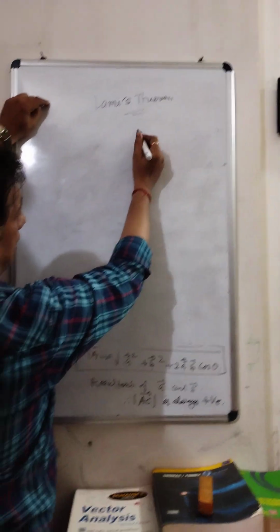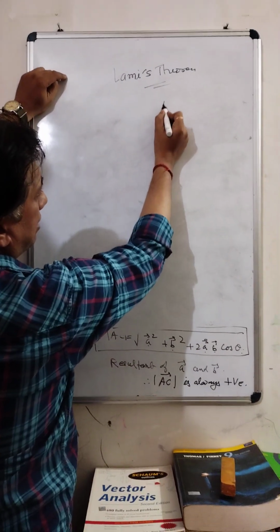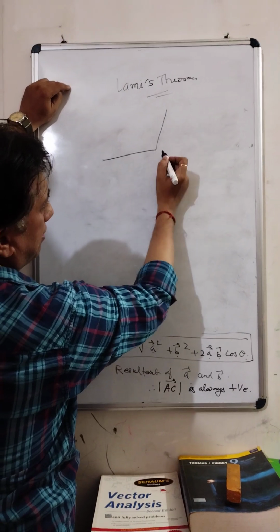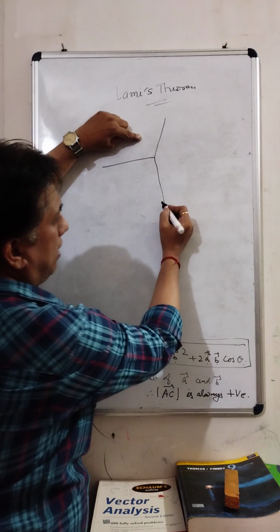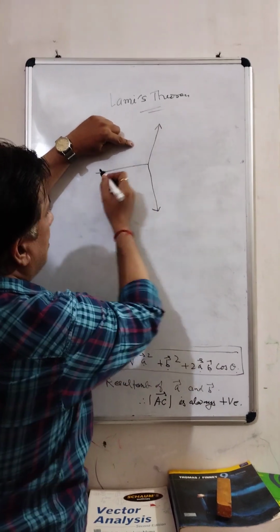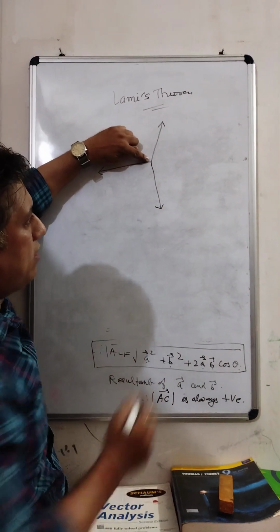Suppose there are three forces like this, this and this, acting at a point.